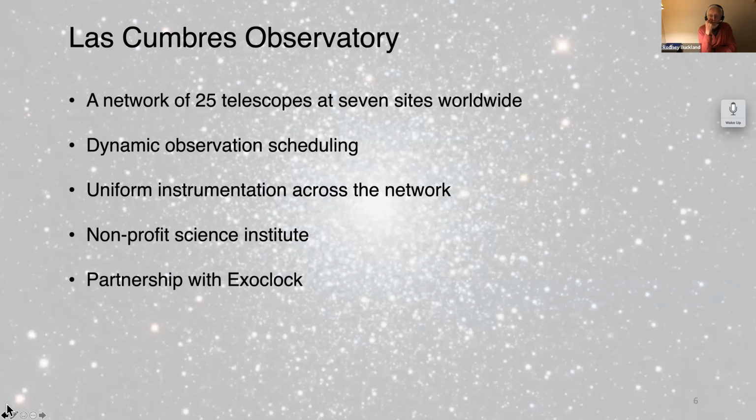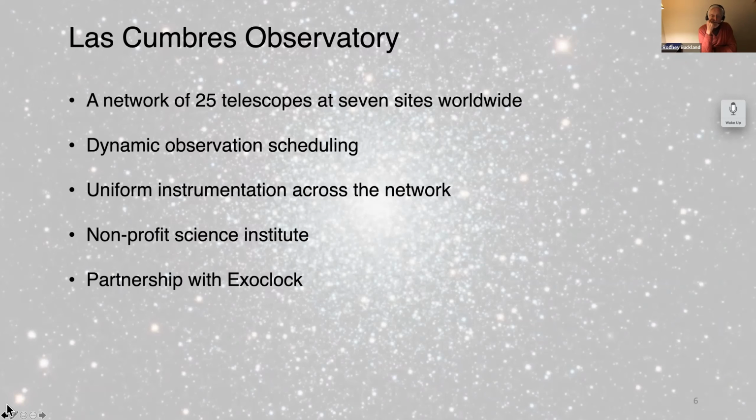And this involves one of their specialities, which is very much to do with dynamic observation scheduling, making sure that optimum use is being made of all the telescopes that are in the dark, including telescopes that need to give way to maybe other observations because they have a handover from a previous telescope to the next one.